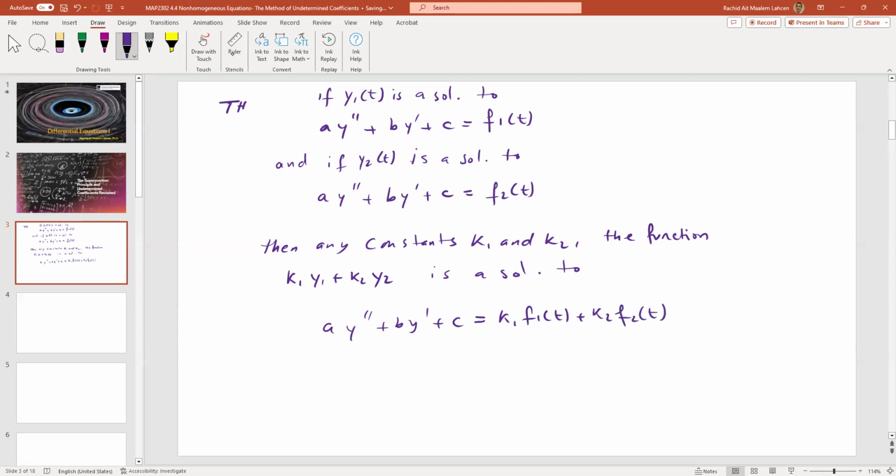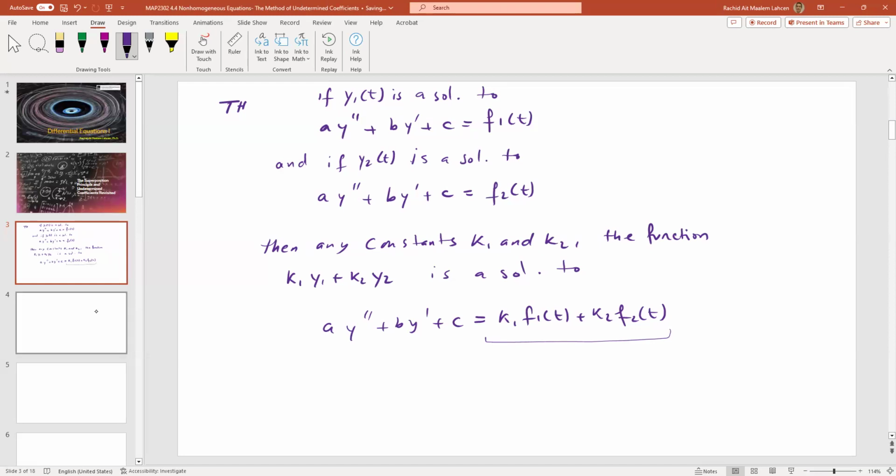You see, it's straightforward. If you know the solution to this differential equation with the first non-homogeneity, and you know it for the second one, then a combination of these solutions will work for the non-homogeneity that you have here.